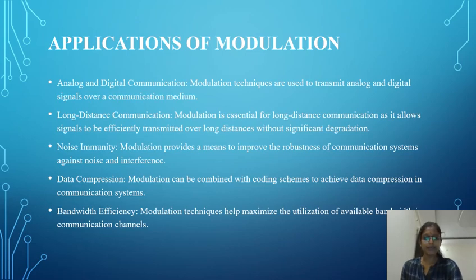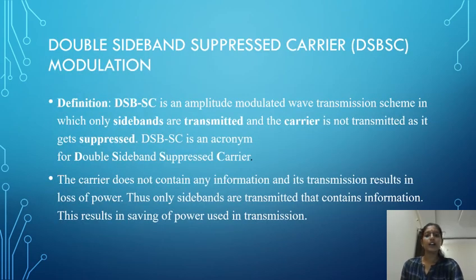The next is, what is a DSBSC signal? Like double sideband suppressed carrier modulation. What is it? It is an amplitude modulated wave transmission scheme in which only sidebands are transmitted and the carrier is not transmitted as it gets suppressed.